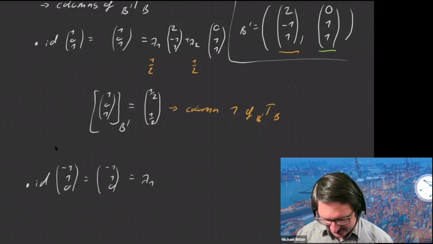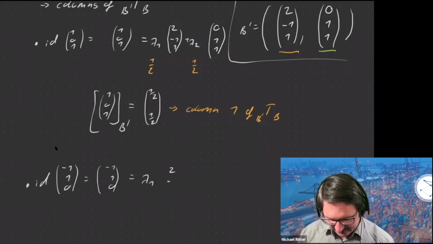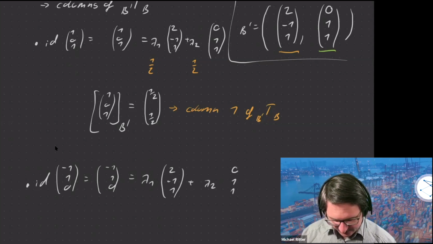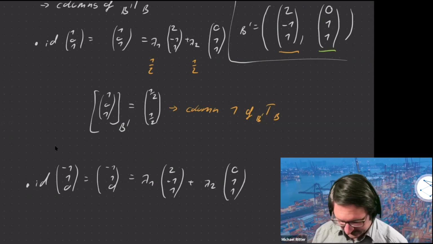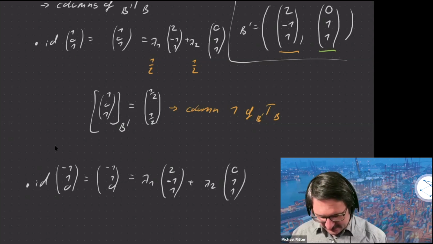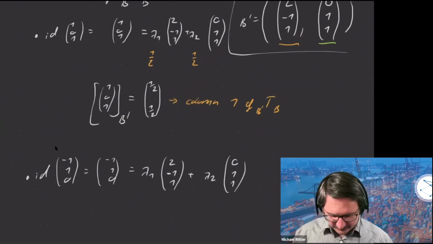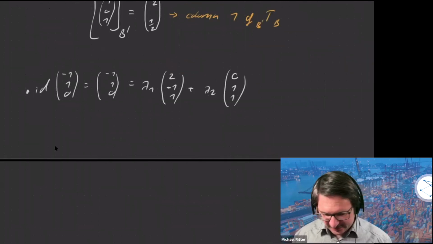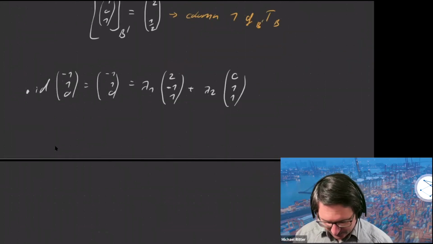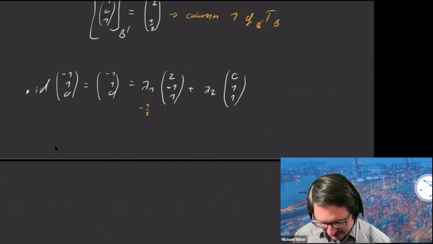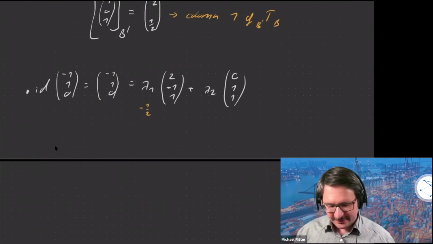And again, we need to express that as a linear combination of the B prime vectors, 2 minus 1, 1, and 0, 1, 1. And again, we can just look at the first row. Obviously, we want lambda 1 to be minus 1 over 2, so that this works here.